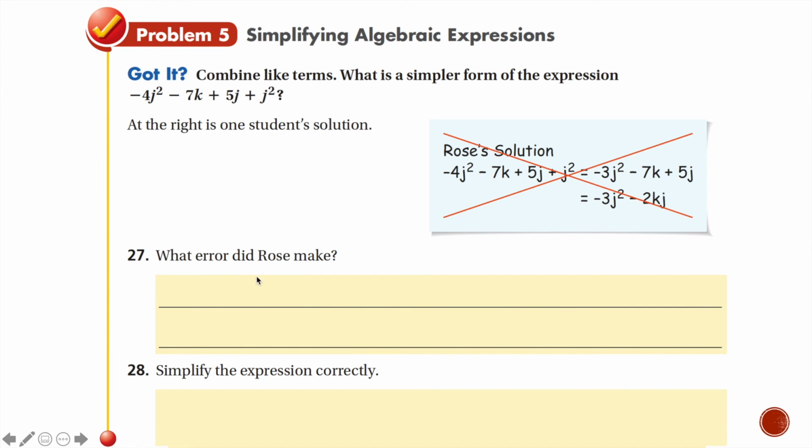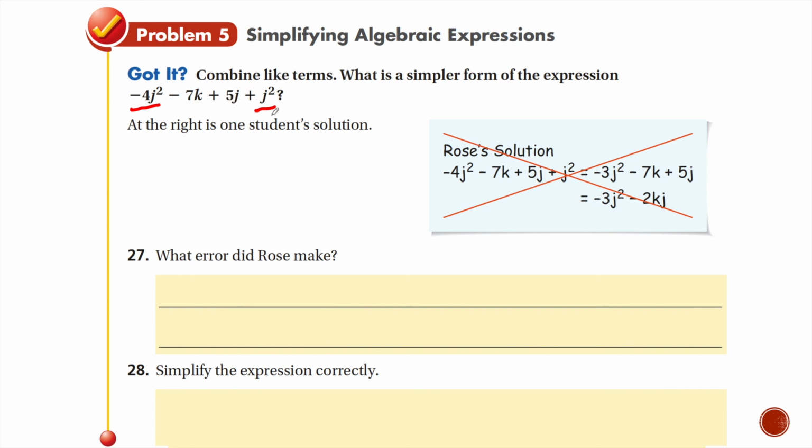Well, when you combine like terms, the like terms come when the variables are identical. So if you look right here, a -4j squared has the same exact variable as j squared. But notice, -4j squared and j squared do not share the same variable as j.